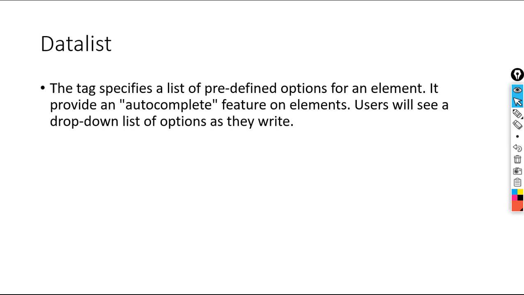Now data list. What is data list? That we will understand. The datalist tag specifies a list of predefined options for an input element and provides an autocomplete feature on elements. Users will see a drop down list of options as they write.